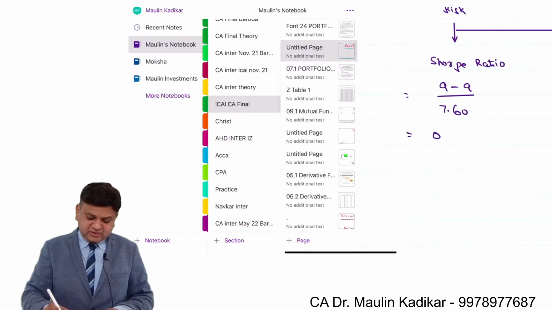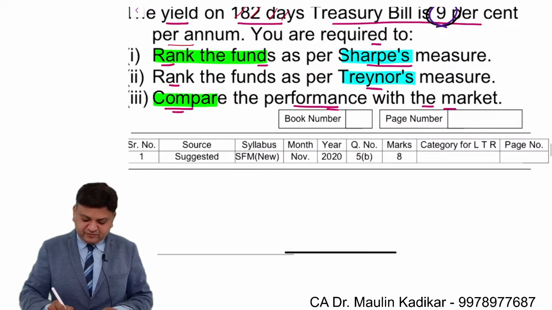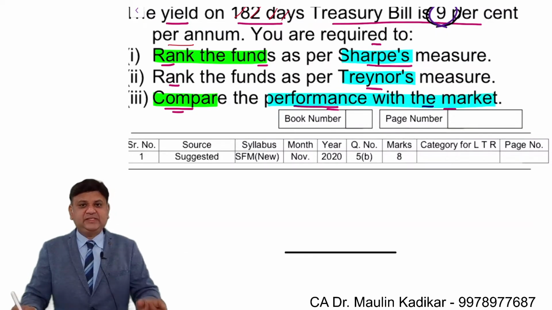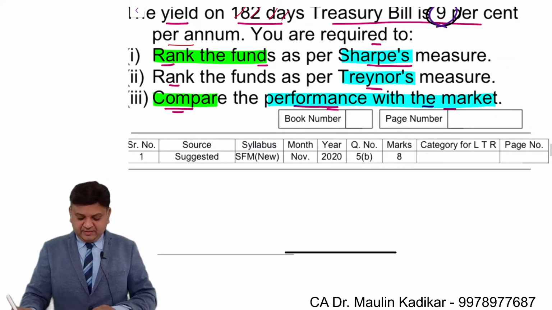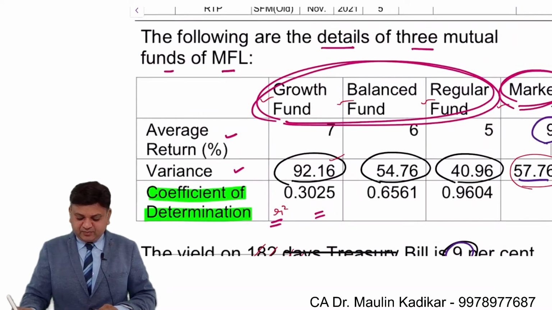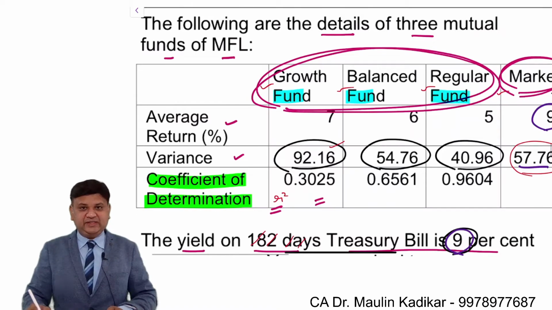So, comparing the performance with the market, we can clearly say that these mutual funds have not beaten the market performance. Investment in the market portfolio is better than investment in these funds.